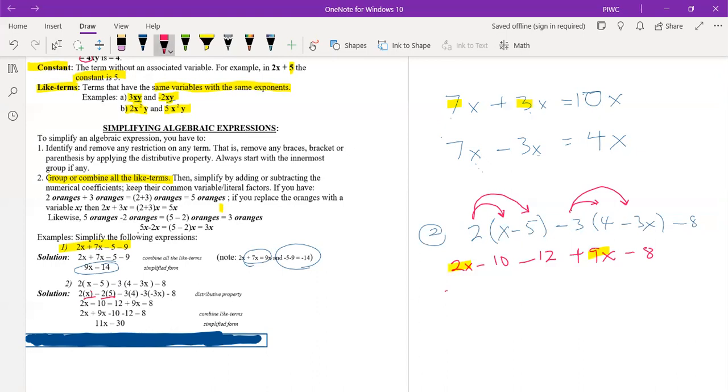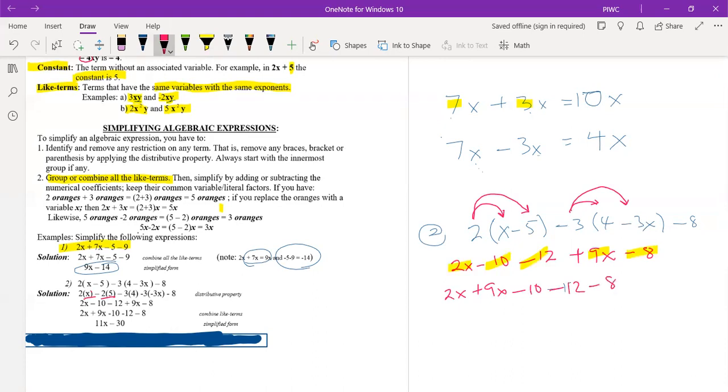So we have 2x, write them down, plus the 9x. Then we have negative 10. That is a constant, another negative 12 constant, and negative 8 constant. So we put them together. So negative 10 minus 12 minus 8.